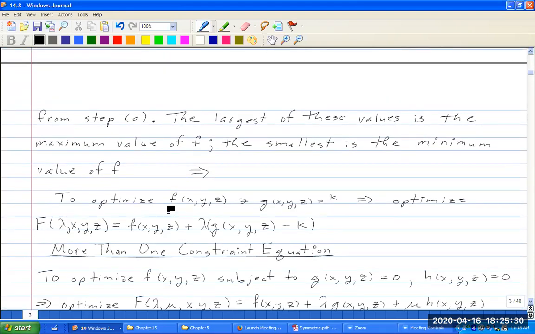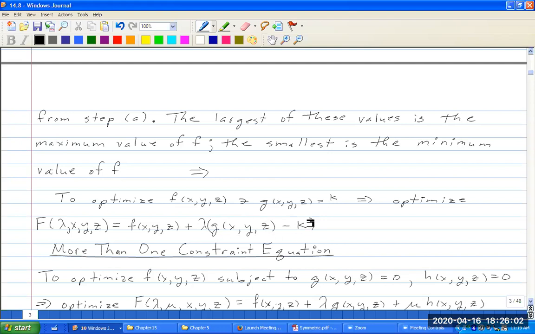Another way of stating this: to optimize f of x, y, z, subject to g of x, y, z equaling k, you will optimize a new function, the Lagrange function, F of lambda, x, y, z, defined as our original objective function, f of x, y, z, plus lambda, this Lagrange multiplier, times the quantity g of x, y, z minus k.